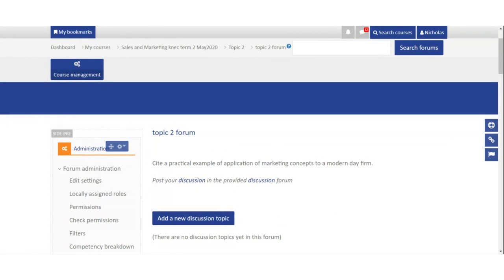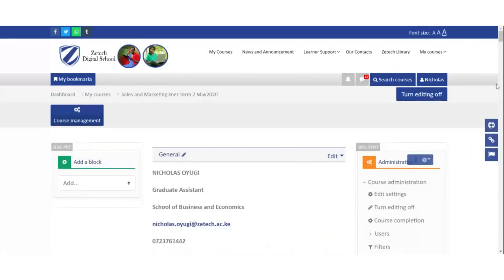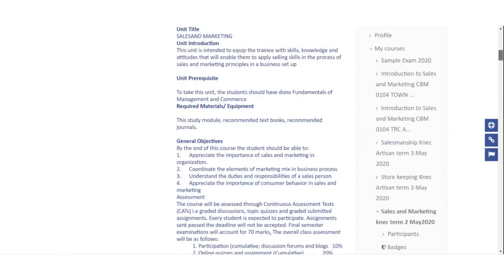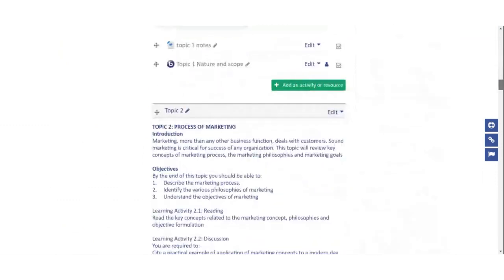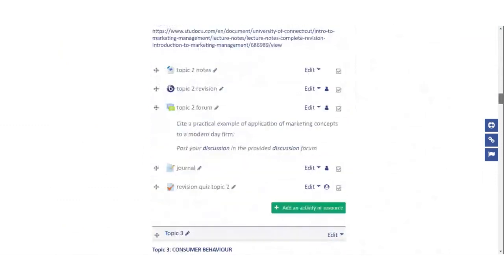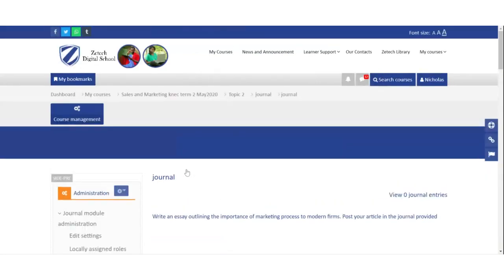Then you can also look at this journal. You see the journal? Journal on topic 2, okay? I want to see you write. The journal is here. You come here, you click on it, and you write.